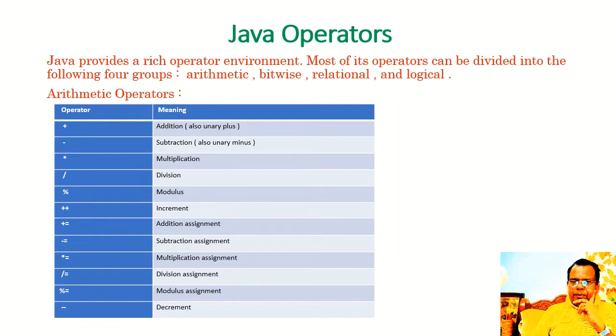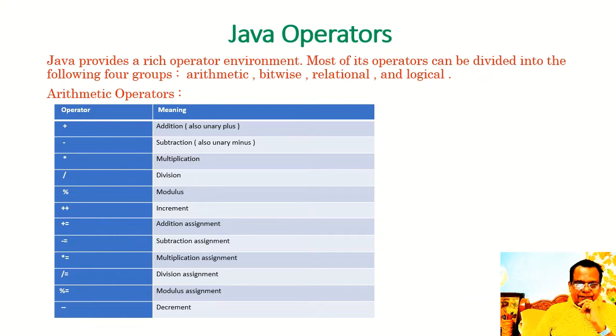Java operators. Java provides a rich operator environment. Most of its operators can be divided into the following four groups: arithmetic, bitwise, relational, and logical. Arithmetic operators: operator and meaning.